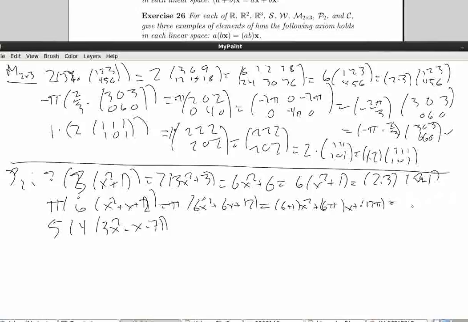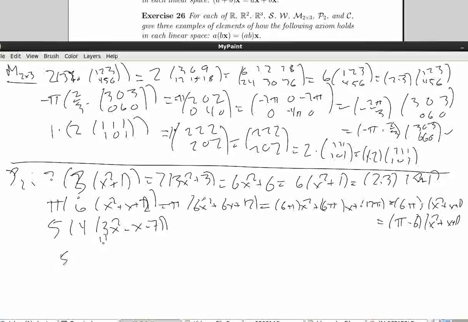Hey, I could factor out 6 pi out of here. 6 pi times x squared plus x plus 1. If I want to, I can rewrite this as pi times 6 times x squared plus x plus 1, and I do, because that shows me that A times BX is equal to AB times X.